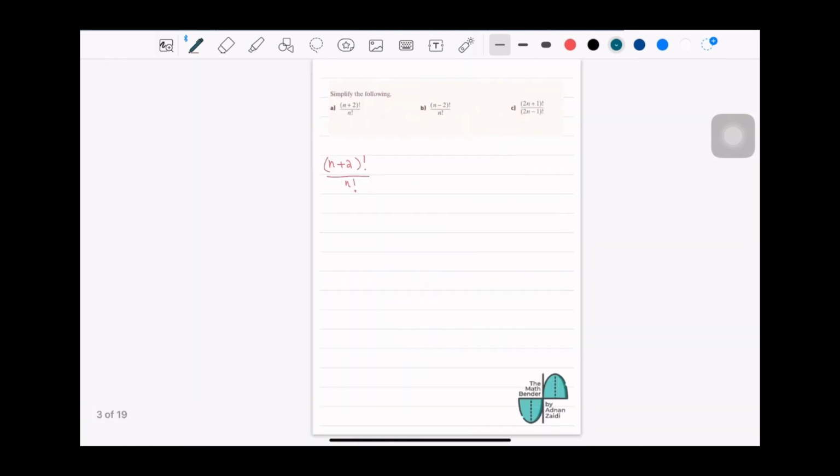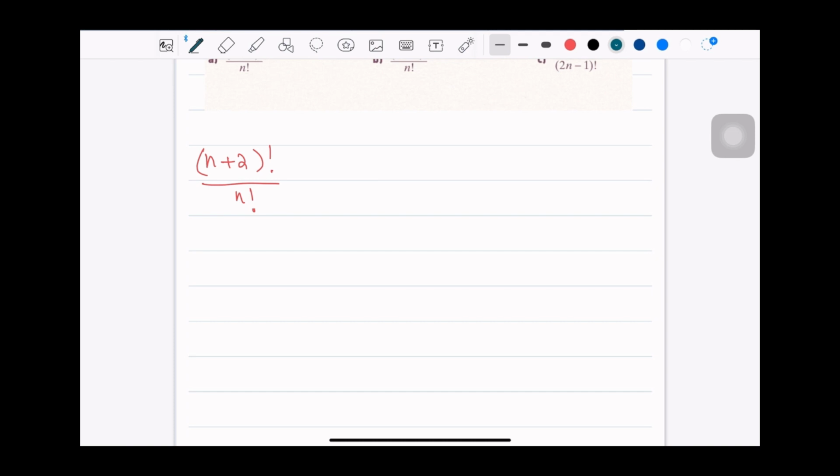First, you write n plus 2 times 1 less than n plus 2, which is n plus 1, and 1 less than n plus 1 is n. You leave the factorial sign up to here because you can clearly cancel these two out. So the answer is n plus 2 times n plus 1.